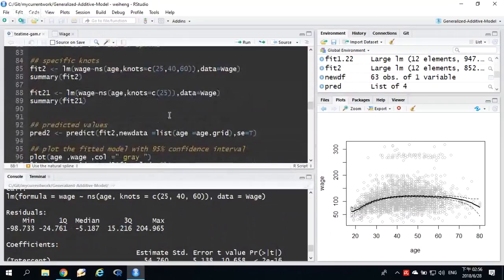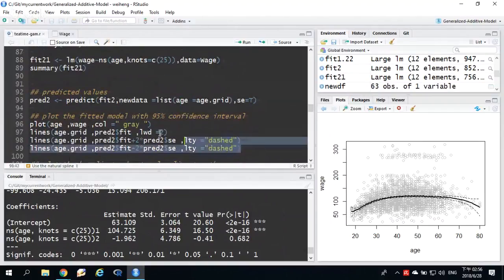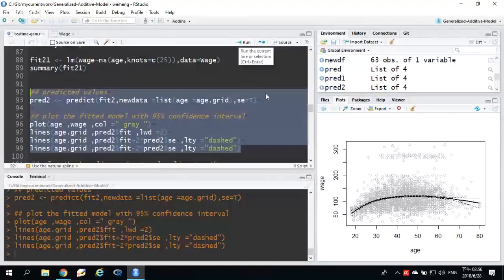And the other way, you can choose 1 knot. You can see they will show this only for the 1 knot, and also you can plot the predict functions. They will show like this.